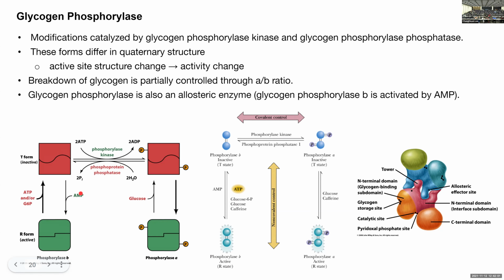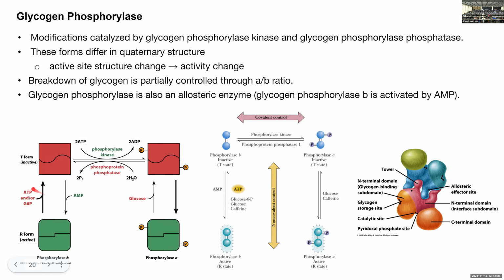So whenever there's AMP bound to the allosteric site, then even if there are no phosphoryl groups attached there, it can still be active. Make sense? So it works in two modes. One is for the covalent modification, and the other is for the allosteric. So this one basically shows the same thing.